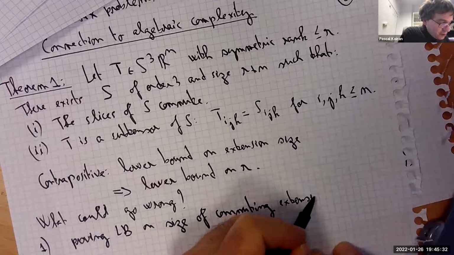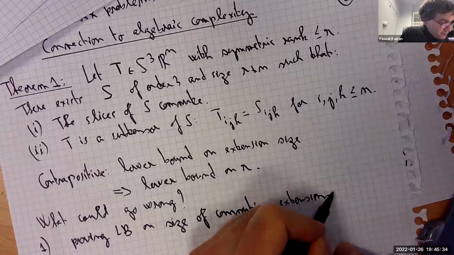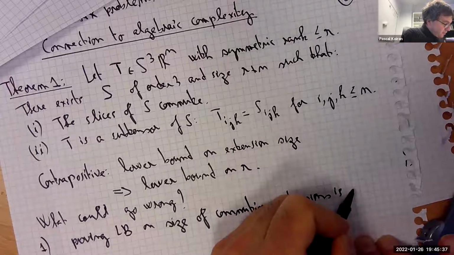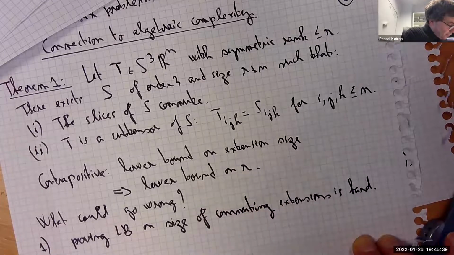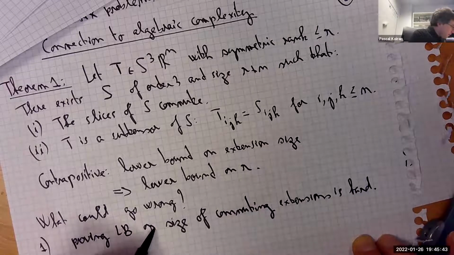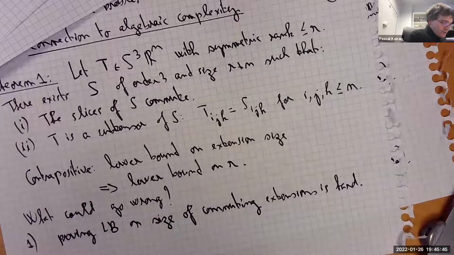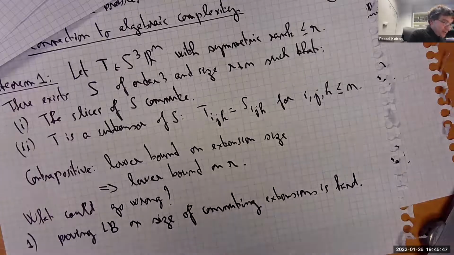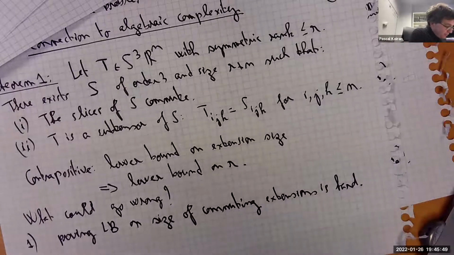Actually, as I said, I could only find this Strassen lemma in the existing literature, but maybe some of you will come up with some new ideas. So that's one potential difficulty, and it's a very real difficulty maybe.